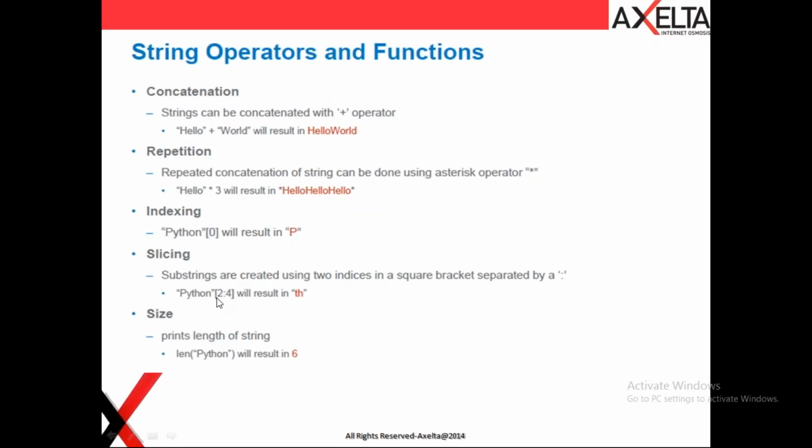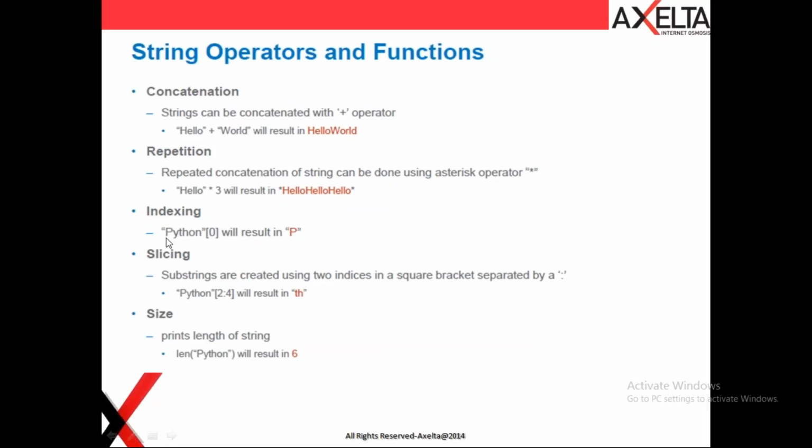So you can start accessing the characters from the second position till the fourth position, but not the fourth position. Please try to note this thing. You can't access the character which is there at the fourth position.